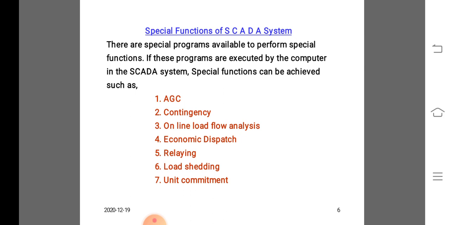The information gathered by the remote terminal unit and communicated to the ECC includes both analog and digital status indicator information. Analog information includes, for example, frequency, voltage, current, and real or reactive power flows.